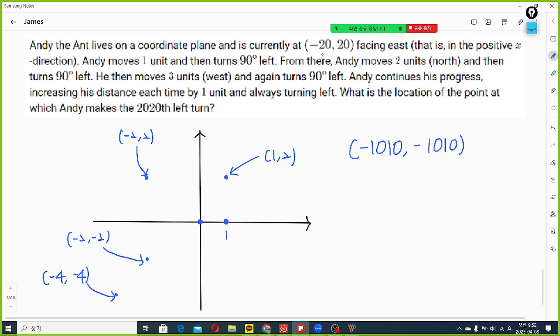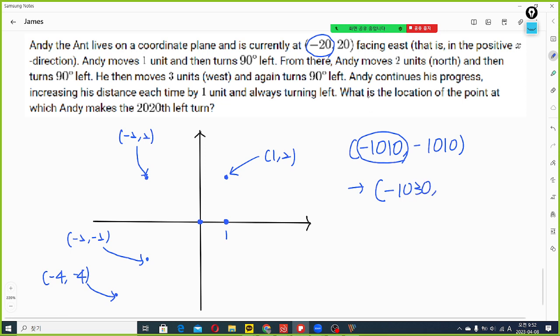And then because he's starting from minus 20 and 20, we are adding these coordinates to his final position. So what's the sum of minus 20 and minus 10? Find the sum of these two numbers. Minus 30.